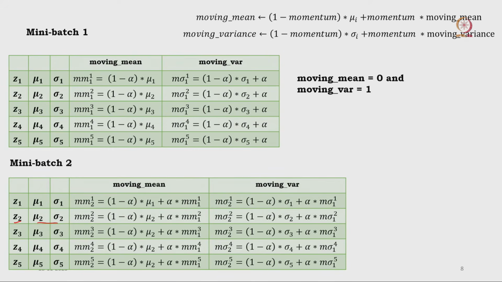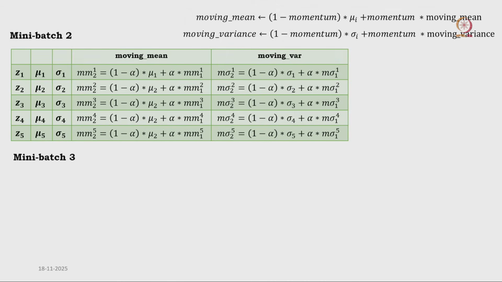Now, here you have to calculate the moving mean. How will you calculate it? This part is fine, but when it comes to this, you are using this value, and for the moving variance, you are using this variance. Similarly, you will be doing it for all the nodes at the hidden layer for the second mini batch.